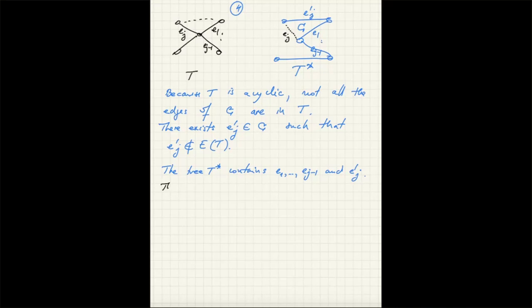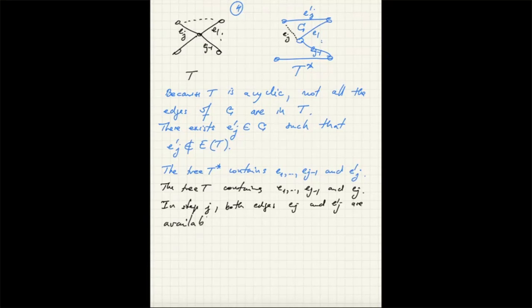Let me write it this way. The tree T contains these and makes a choice for EJ. So at that step, in step J of the algorithm, both edges EJ and E prime J are available.